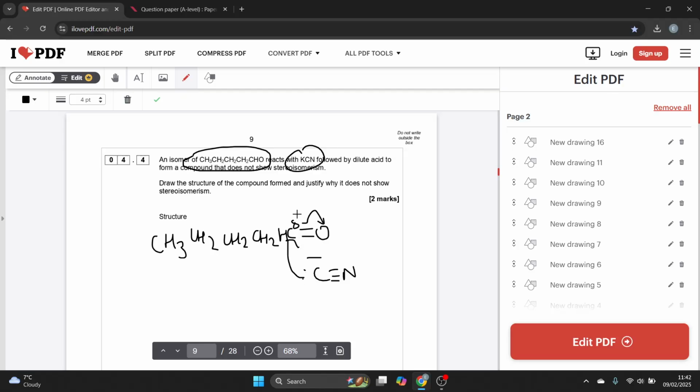That's partially positive, that's partially negative. And then this oxygen now has a lone pair of electrons and it bonds to an H plus.